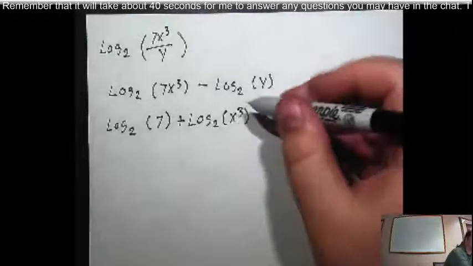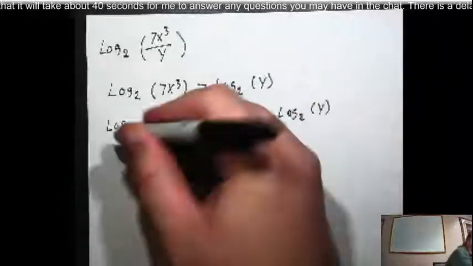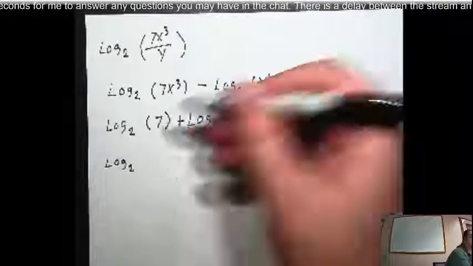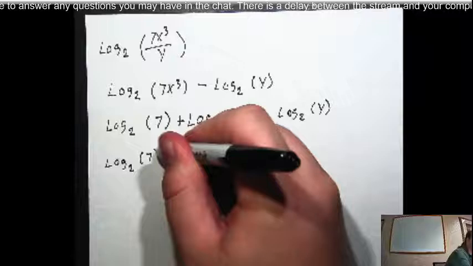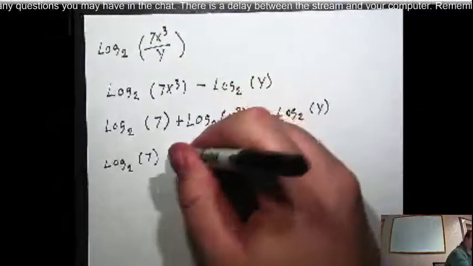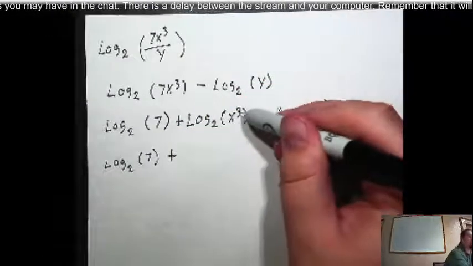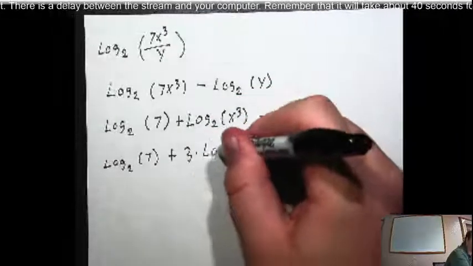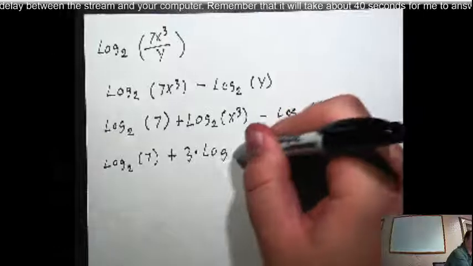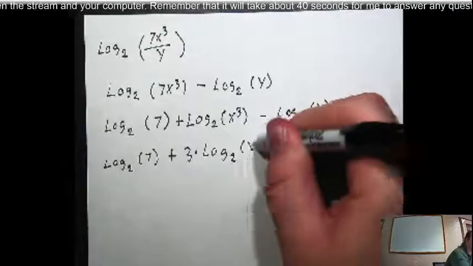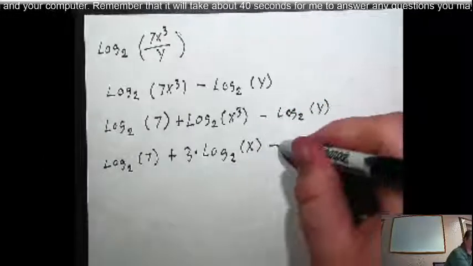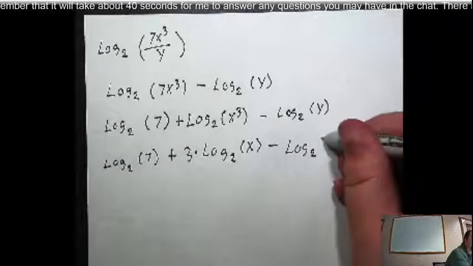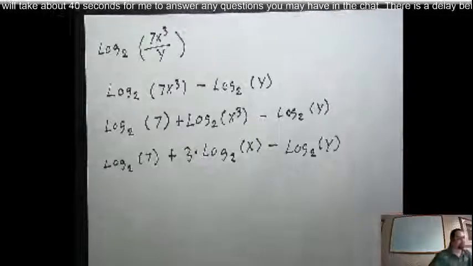So take this power, throw it out in front. We now have log base 2 of 7 plus, we threw that 3 out in front, so we now have 3 times log base 2 of x, minus log base 2 of y.